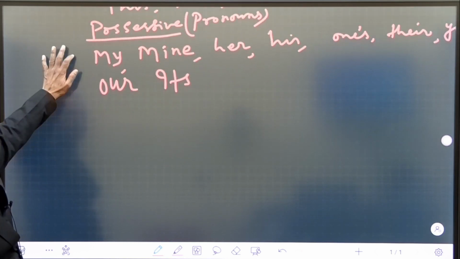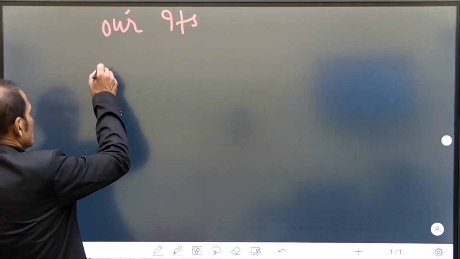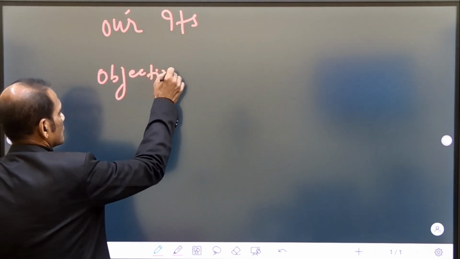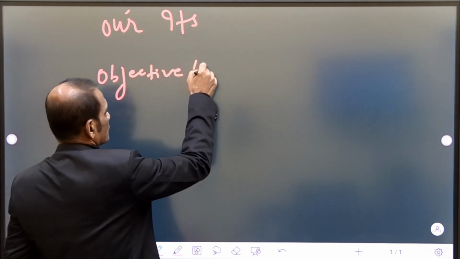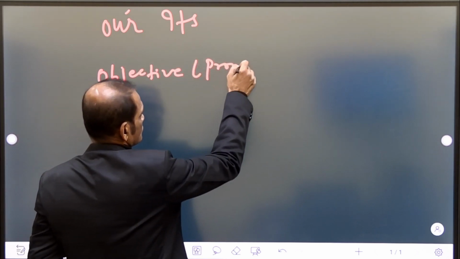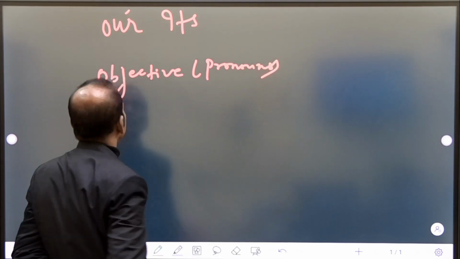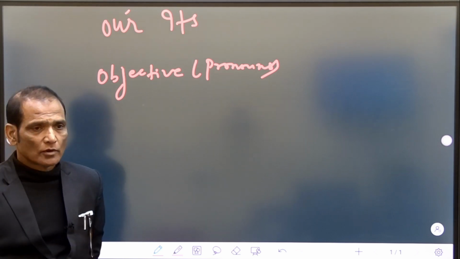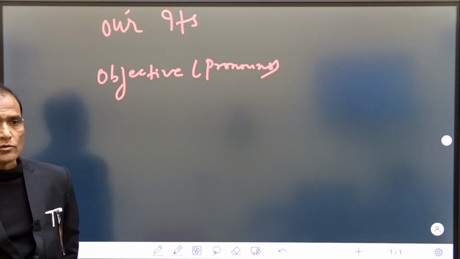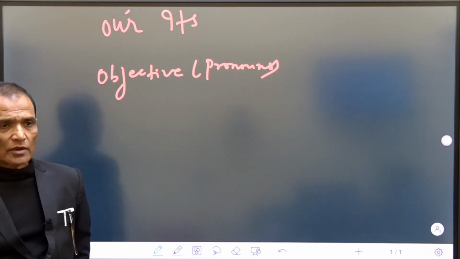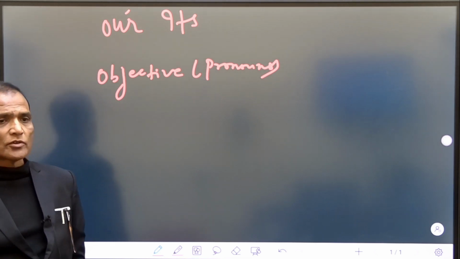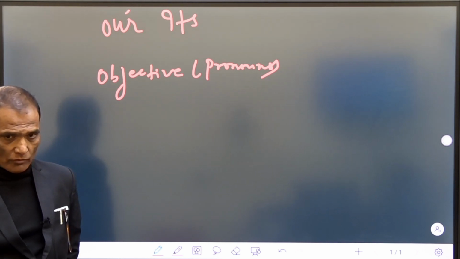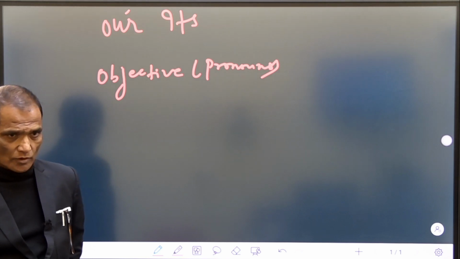The next form of pronoun is objective. This form of pronoun is used as object.